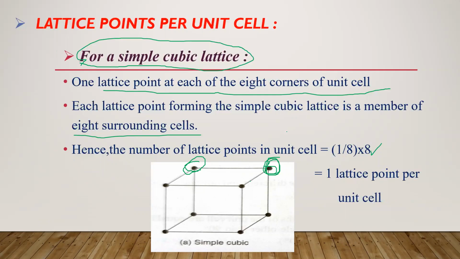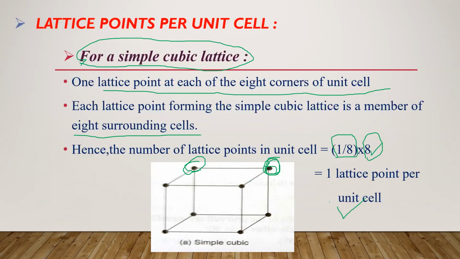That is the reason the number of lattice points per unit cell can be written as 1 by 8th part into 8 corners. So I get 1 lattice point per unit cell. This is a simple cubic system.